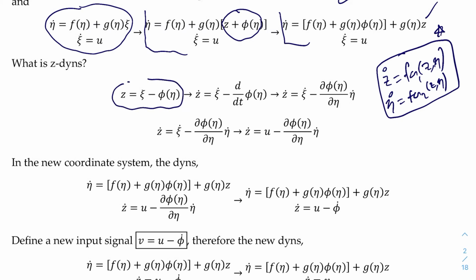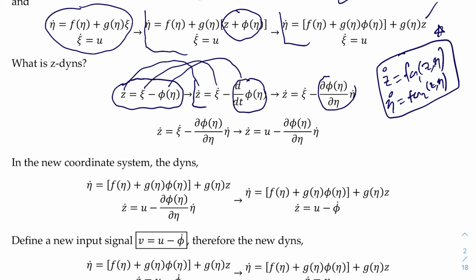This is our definition of our variable z, and just take the time derivative: z dot, eta dot, and phi dot. But phi depends on eta, so you can't do that directly, and you will write something like this. By expanding we get this expression. So far so good, right?